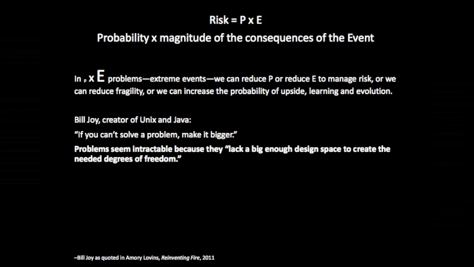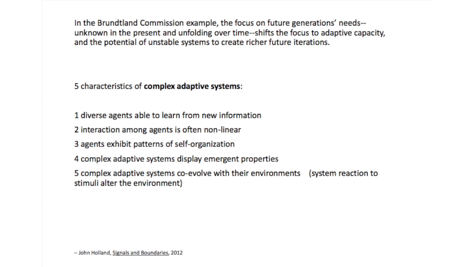And so a lot of schools of thought are interested in not just reducing the probability or the magnitude of a big event, but creating upside, increasing the probability of upside, of learning and of evolution. And there's no time for this, but that idea appears in complex adaptive systems.